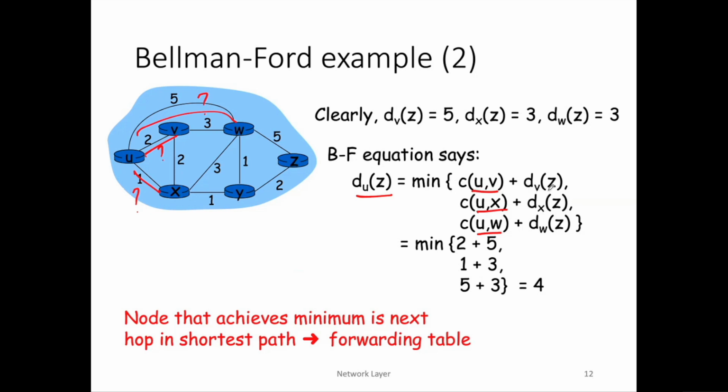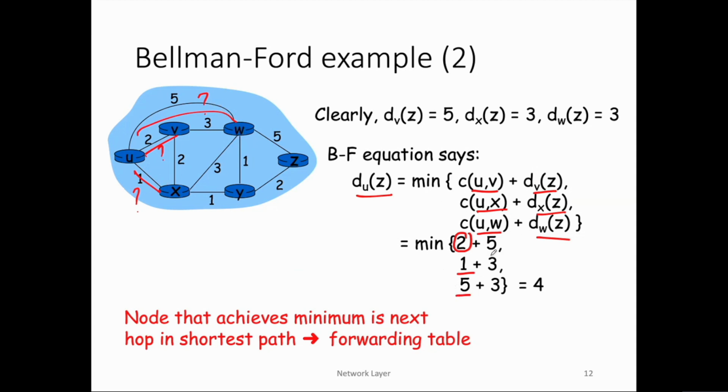Now we will find a least cost, and the same is the case with the neighbor x. So this cost is known, we know this cost is 2, so we can see here, right? And similarly, this cost is 1, the cost to reach from u to x, and the cost to reach from u to w is 5, right?